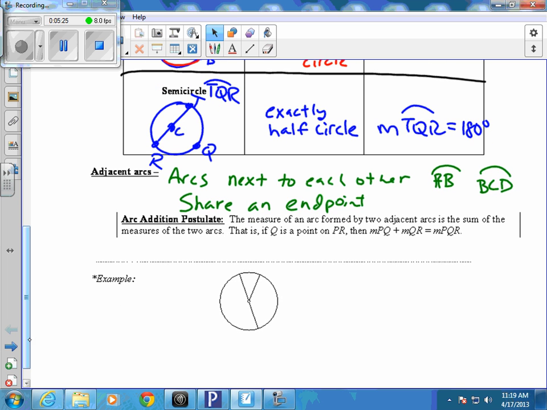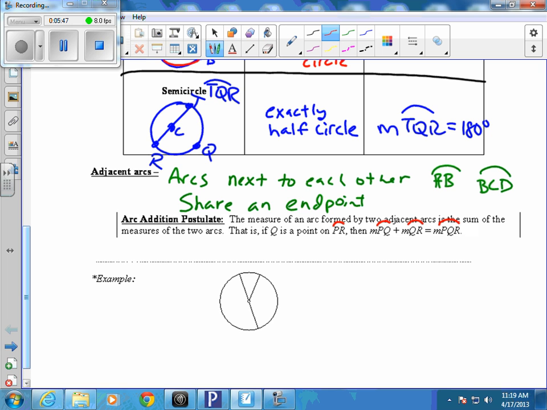The arc addition postulate, if you read that, says the measure of an arc formed by two adjacent arcs is the sum of those arcs. So basically, if Q is a point on arc PR, then the measure of PQ plus the measure of QR equals the measure of arc PQR.